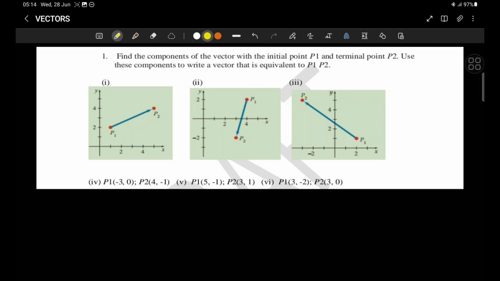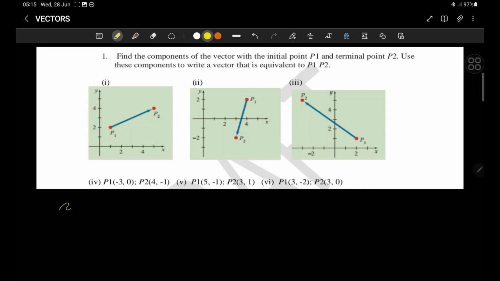So picking the first diagram, we're told to find the components of the vector. If you look at the diagram, we need to identify the coordinates of p1 and also identify the coordinates of p2.